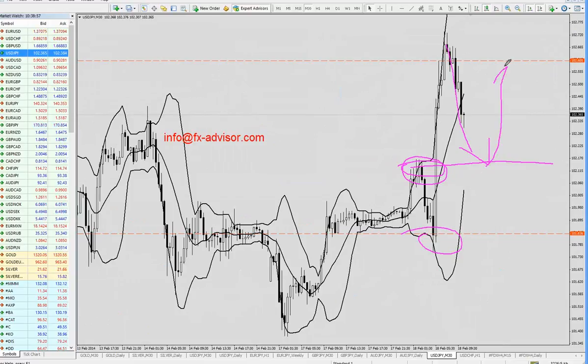Then we can see some move to the upside, and it depends what's going to happen during the US session. Maybe we will decide to completely turn around, meaning close the remaining long and go short with a tight stop.